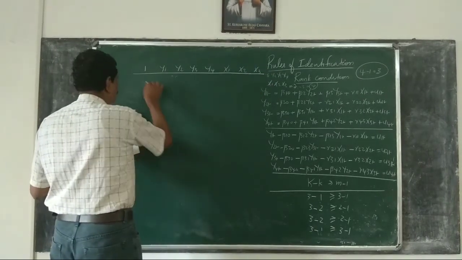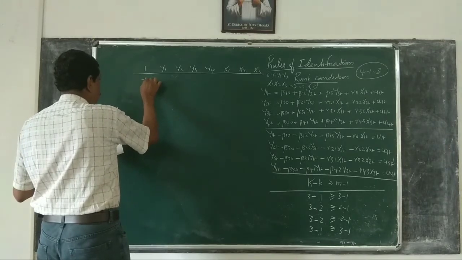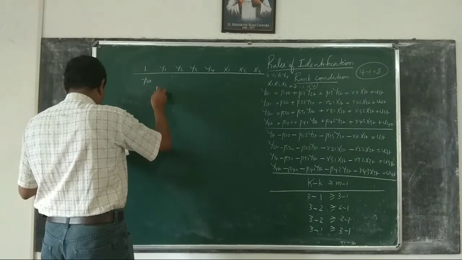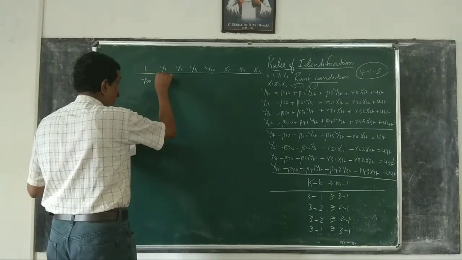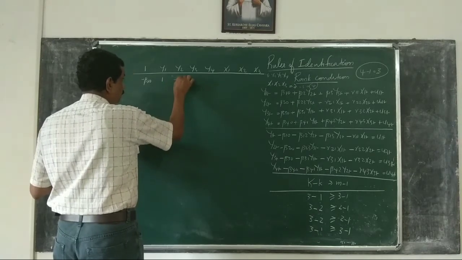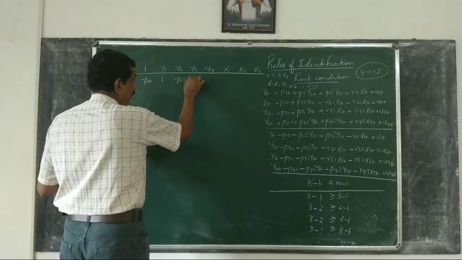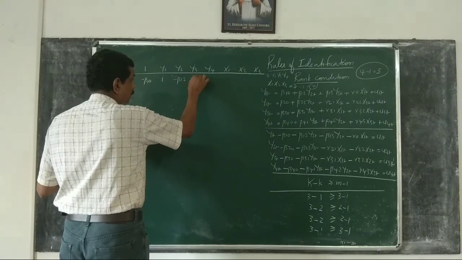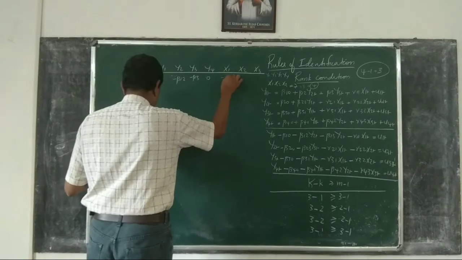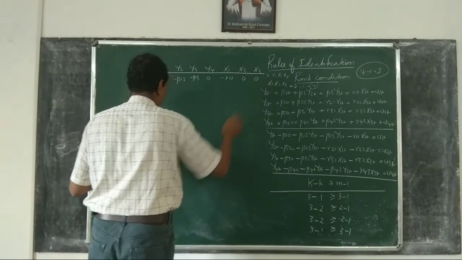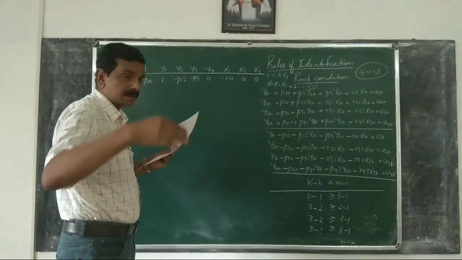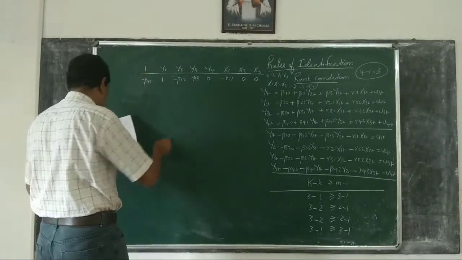So, in the first equation, minus beta 10, coefficient of y1 is 1, coefficient of y2 is minus beta 12, y3 is minus beta 13, there is no y4, minus gamma 11, 0, 0. If a variable is not present, you write the coefficient as 0.